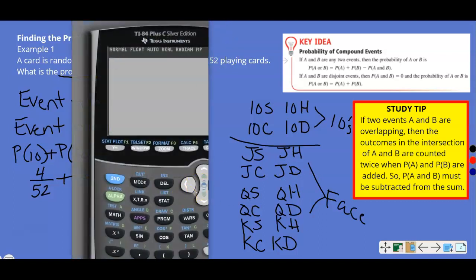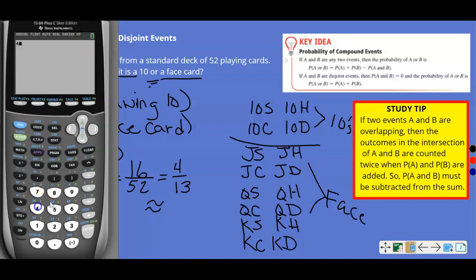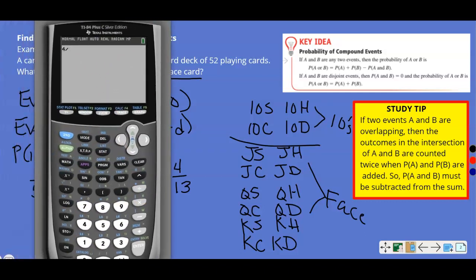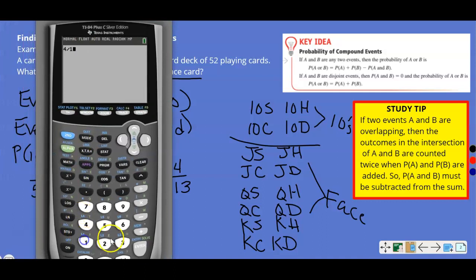So let's say 4 divided by 13 is going to be about 0.308.